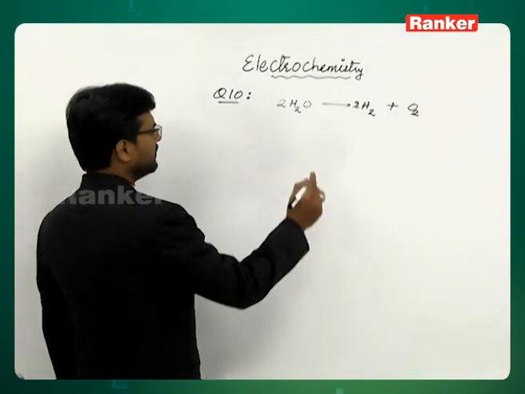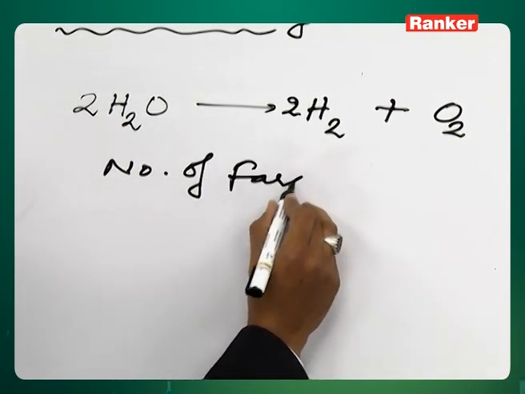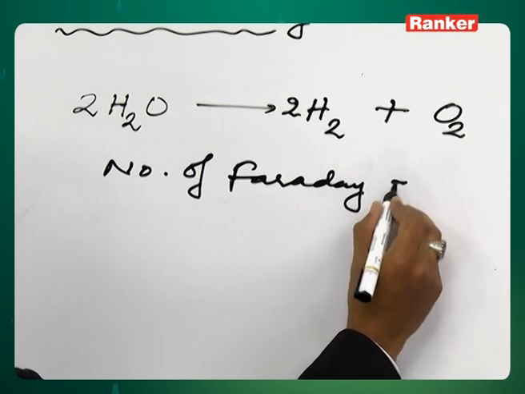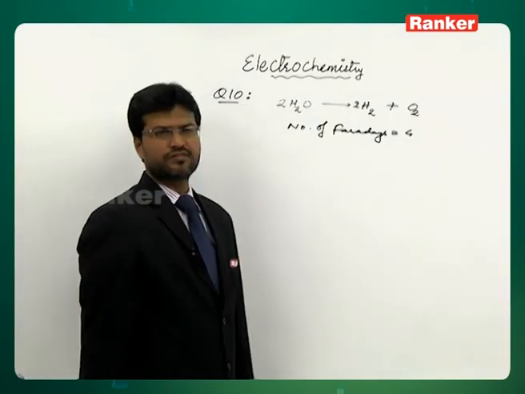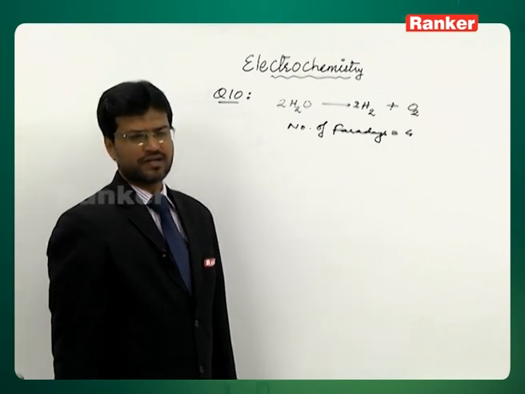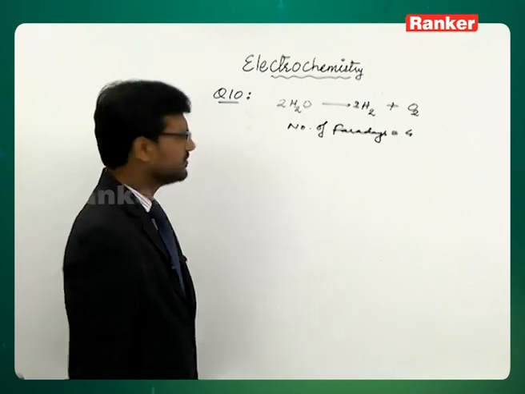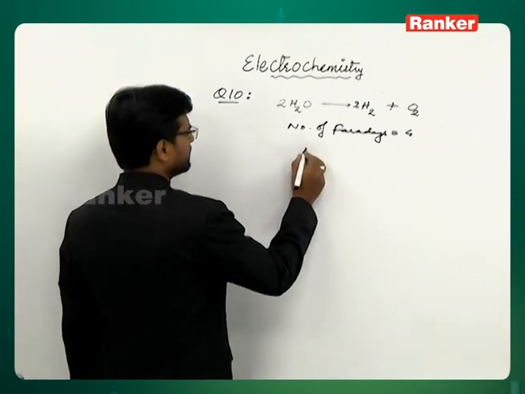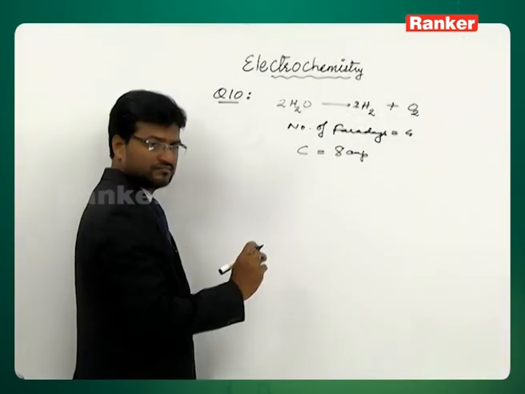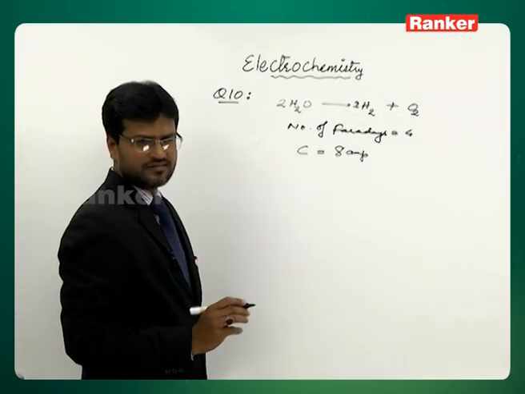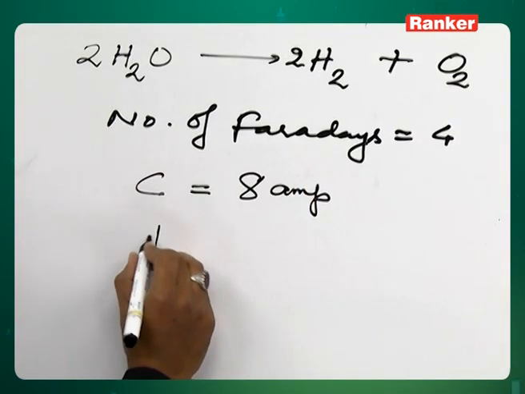Now, the number of Faradays is equal to 4, because you are getting 2 moles of hydrogen, so that involves 4 electrons. The current strength used is 8 amperes. The question is to find T.